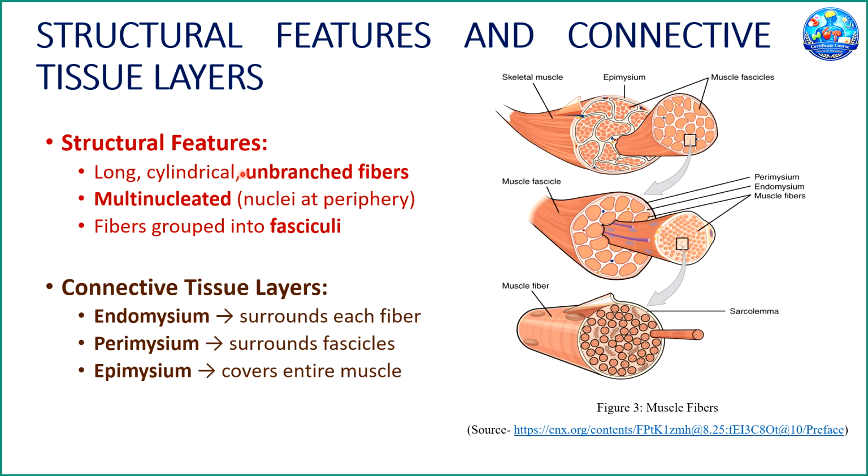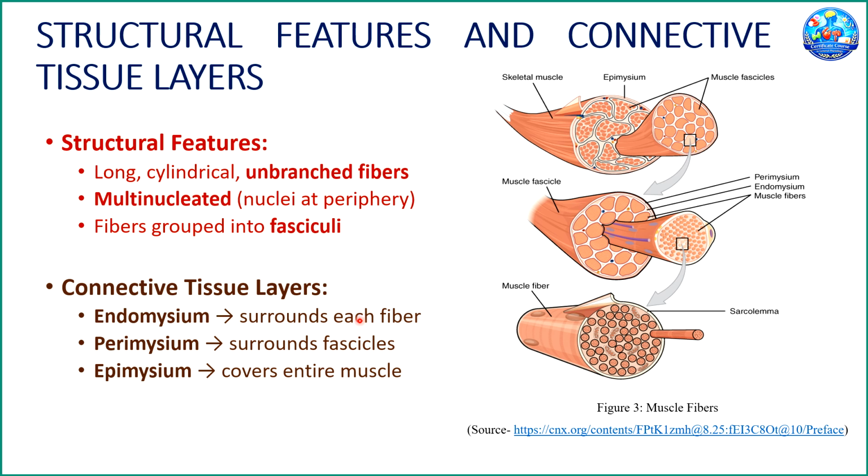Structural features and connective tissue layers of skeletal muscles. Structurally, the skeletal muscles are composed of long, cylindrical, unbranched fibers with multiple nuclei located at the periphery, the syncytial condition. These fibers are grouped into bundles, which we call fasciculi. Here you can see the bundles, the muscle fasciculus. Now coming to the connective tissue layers.